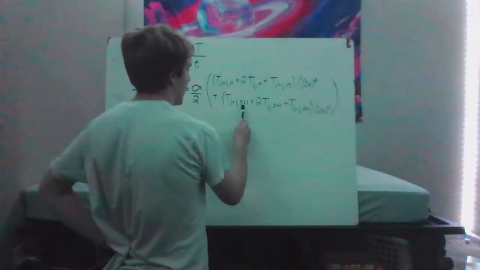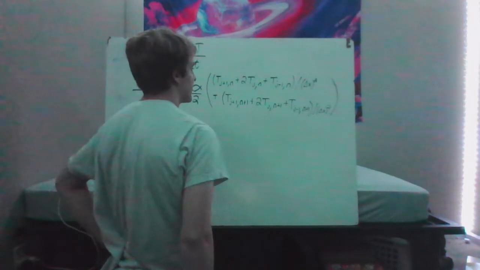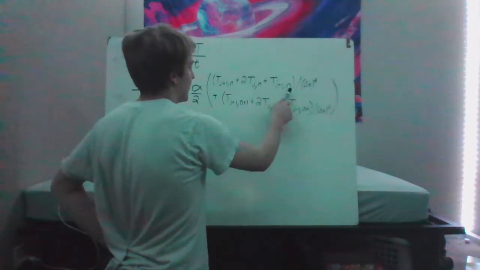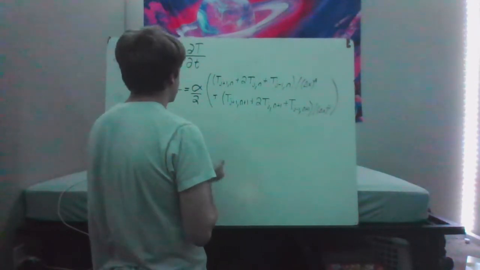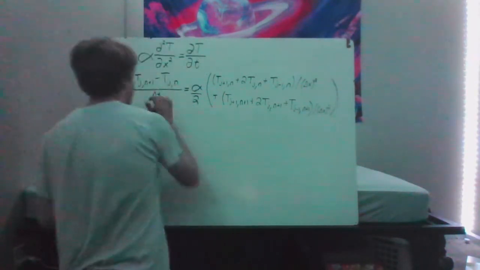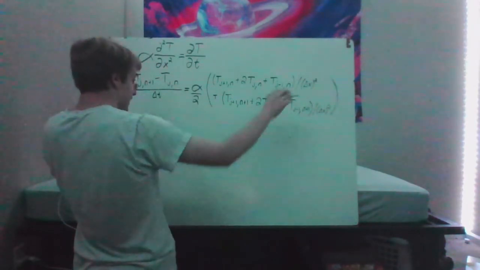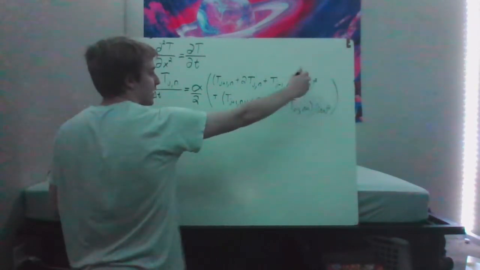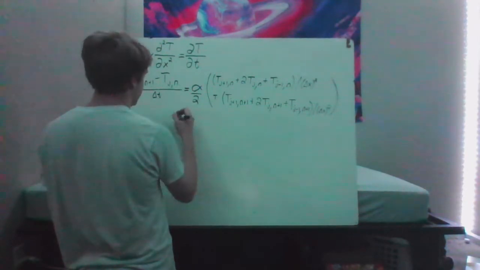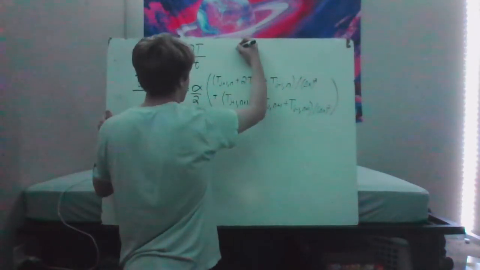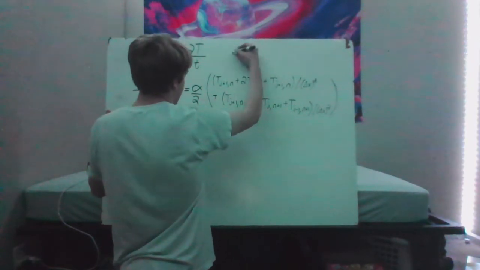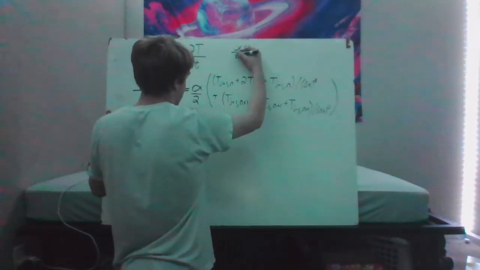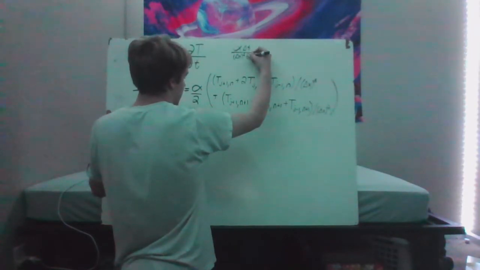So now what we're going to want to do is get all these n plus 1s on the same side, and all these n values on the same side. But first, what you can notice that we can do is multiply this delta t over to this side and take out these delta x's on both of these, where we will end up with our thermal diffusivity times delta t over delta x squared times 2.